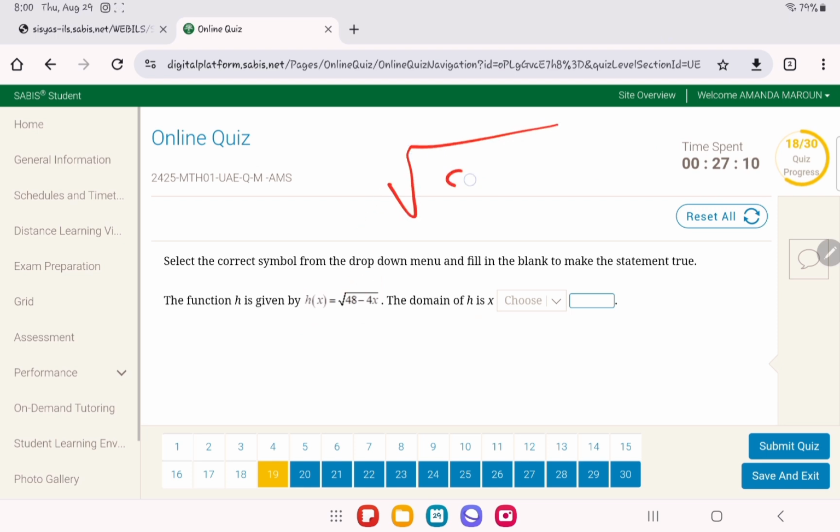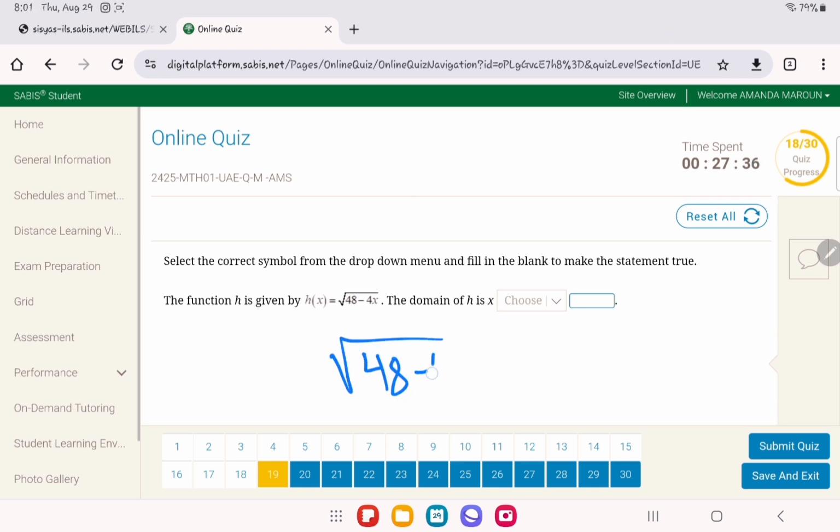Whenever we have a radical, we have to take the x outside, and we have to make sure that the x is greater than or equal to 0. It should not be less. It can be greater, it can be equal, but it cannot be less, because we cannot have a negative under the radical. So if we apply what we just explained, we're going to get this.